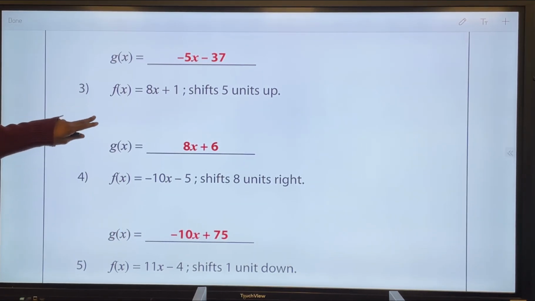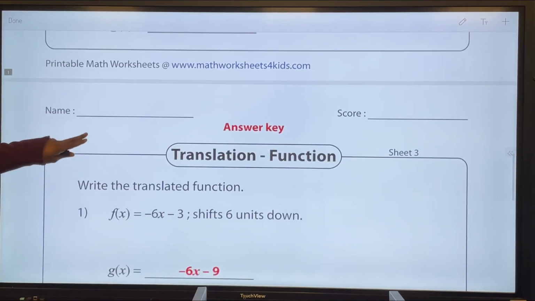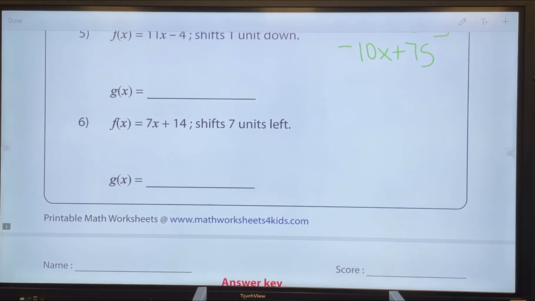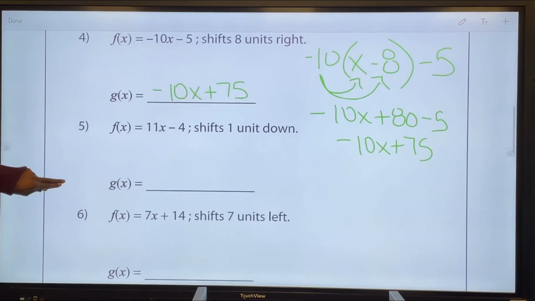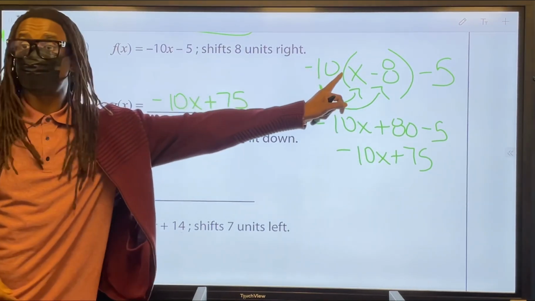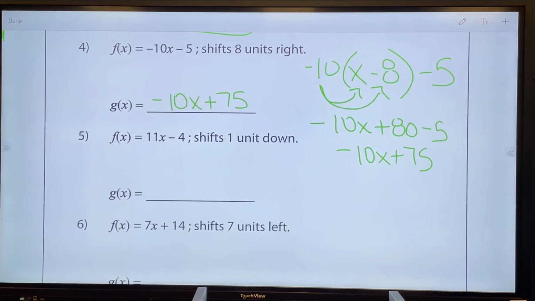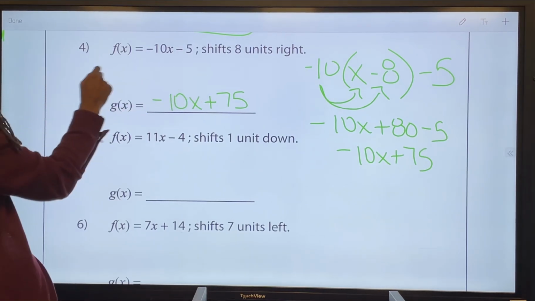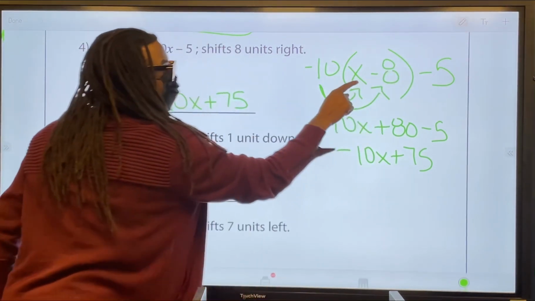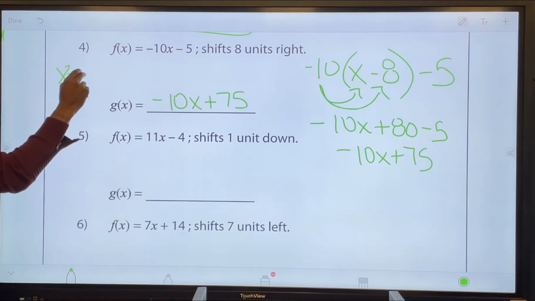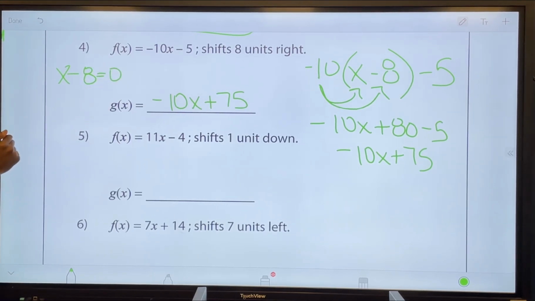Max, if the 8 is going right, then why would it be negative? Because in the x values, it's opposite. Think about it. You said the 8 is going to the right, correct? So what's inside the parentheses? You got x minus 8. But when you set that to 0, what happens?